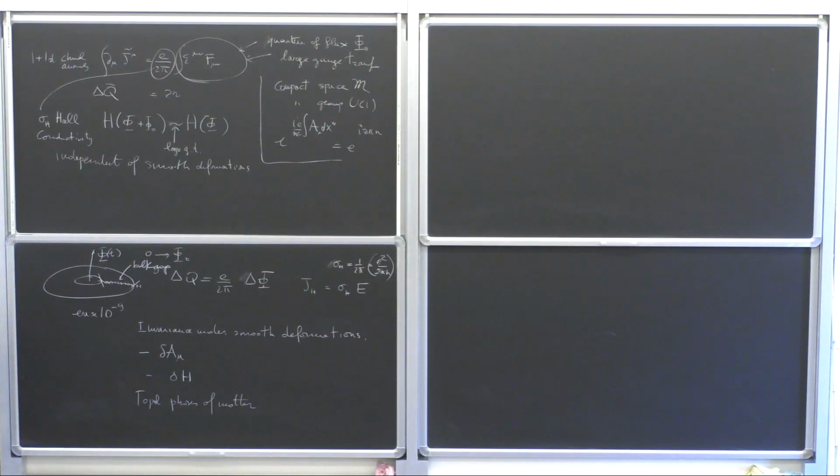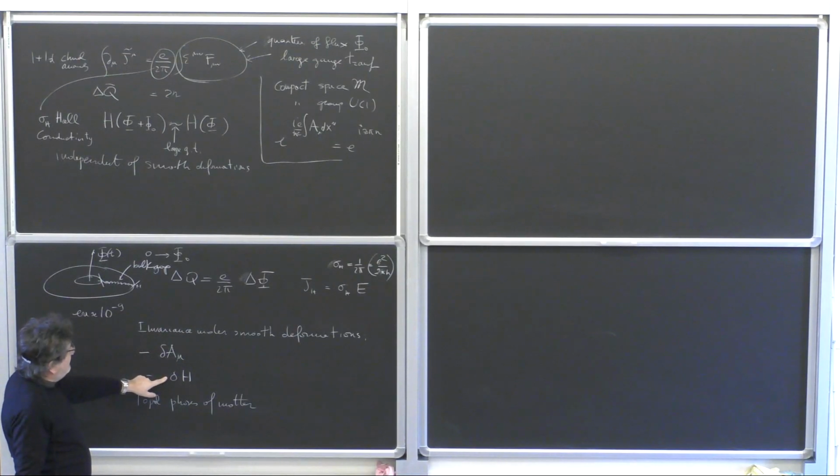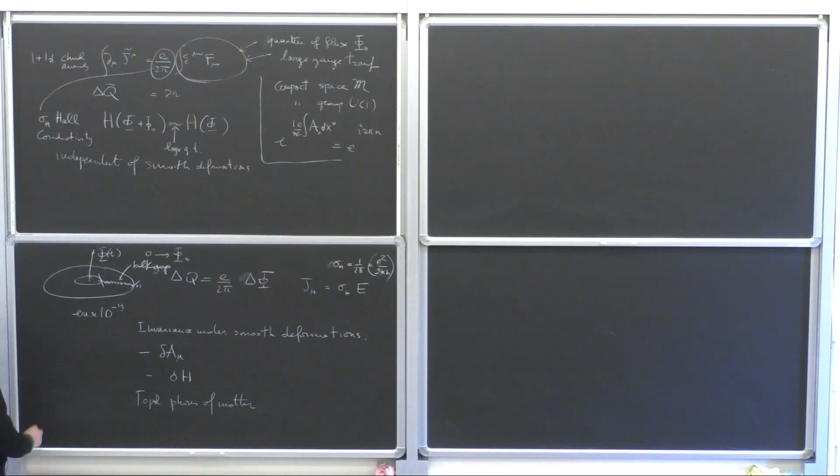I have to say that there is not only this. We showed that there is a smooth deformation of the gauge field, and it doesn't change the result for the Hall current. There is also a proof based on smooth deformation of the Hamiltonian, because there is a series of papers by Thouless and collaborators. They show that in this system you can compute the Berry phase, and the Berry phase of this Hilbert space is again related to the Hall current.